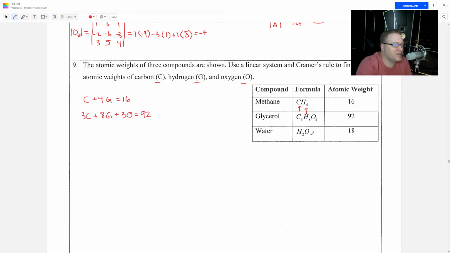And then finally, we know that 2G plus 1O, not 0, this is an O, equals 18.